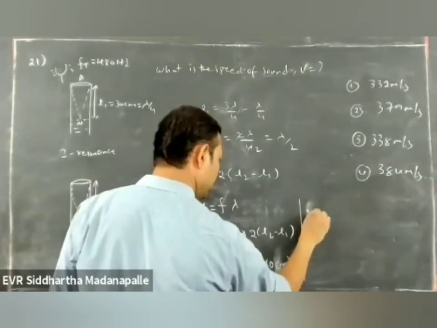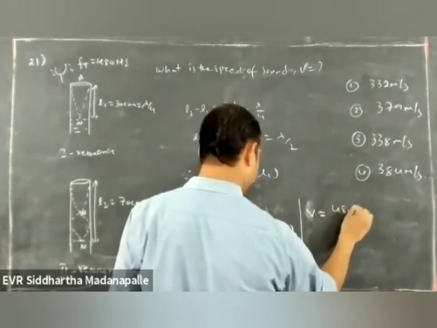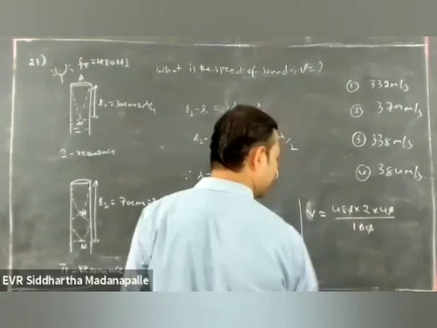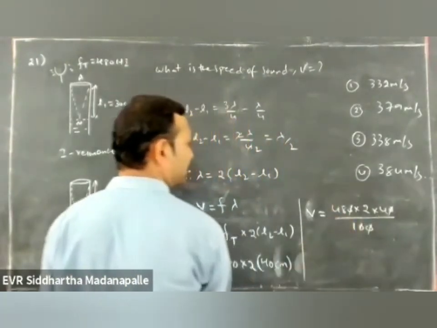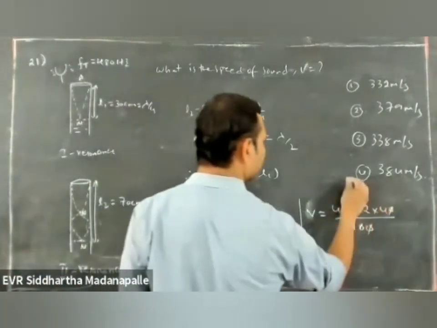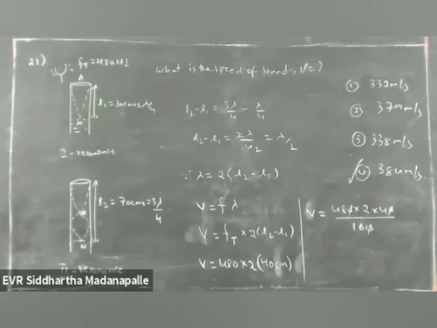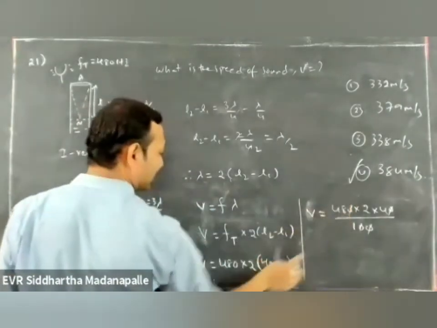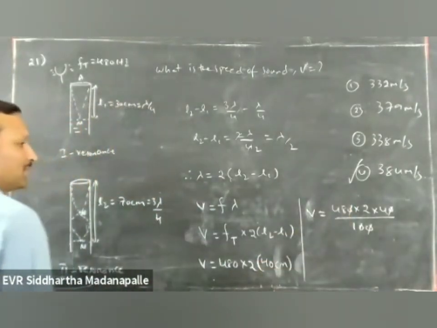Therefore V is equal to 480 into 2 into 40 centimeter, so 480 into 0.8. Double zeros get cancelled. 8 into 6 is 48, 8 into 4 is 32, total 384. 480 into 0.8. 0.8 ఎక్కడ వచ్చింది? Lambda is 0.8 meters. ప్రాబ్లం చేసేసాం.